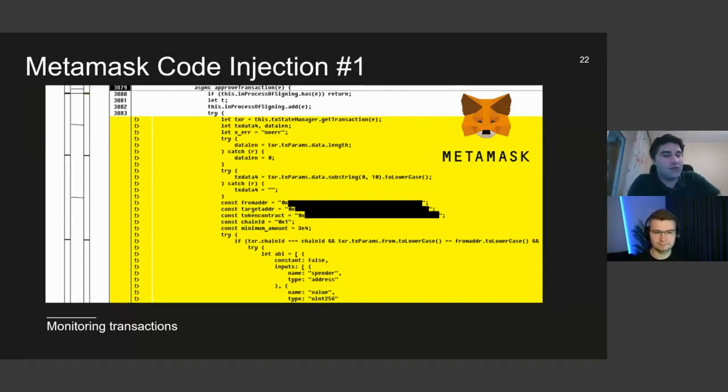Once the code sees that specific addresses used by the victim are found, a request is made to the attacker's C2 server, and they get alerted that these specific monitored addresses have been used.